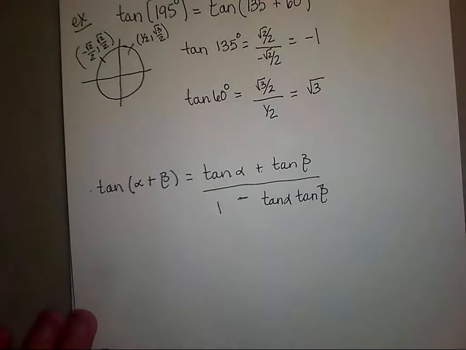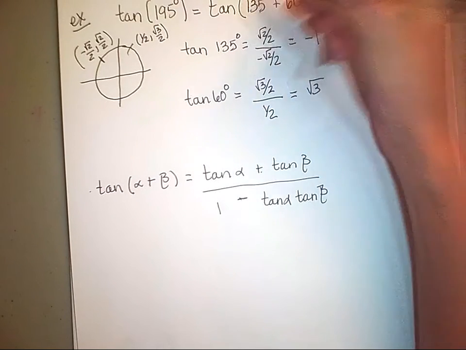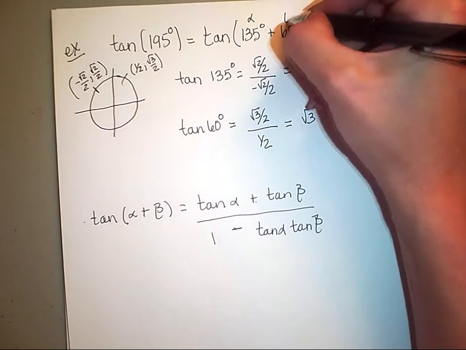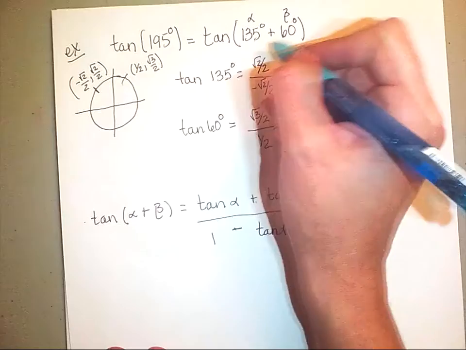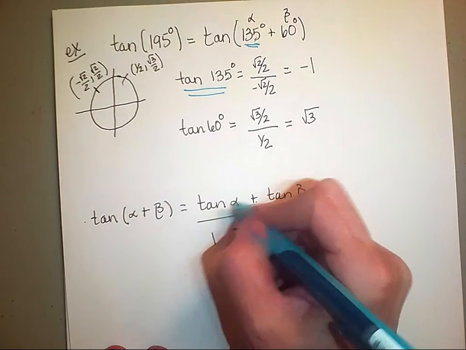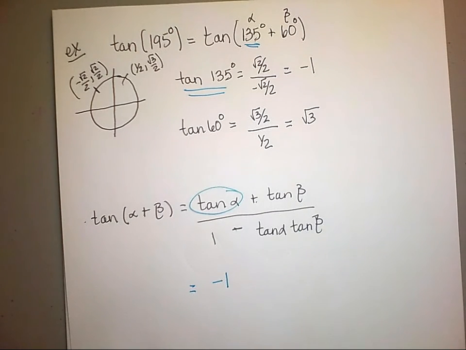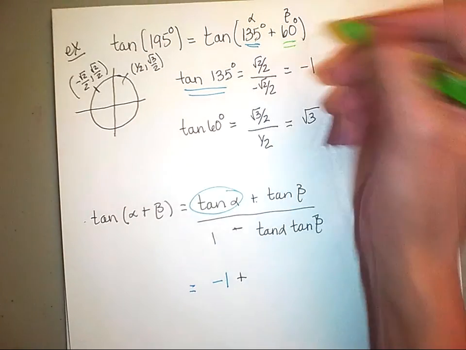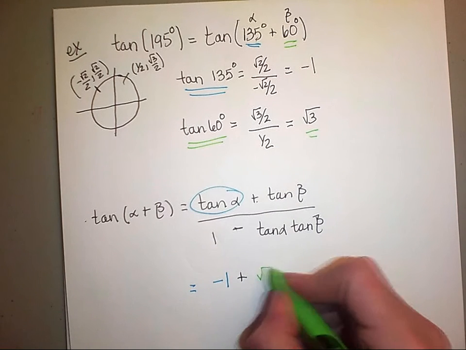And since I have a plus here, I need a minus there. So which is what? Well, 135 is alpha, and 60 is beta. The tangent of alpha, well, that's 135, so the tangent of 135 is -1. Then plus, we need the tangent of beta. Beta is 60. Here's the tangent of 60. It's square root of 3 over 2.